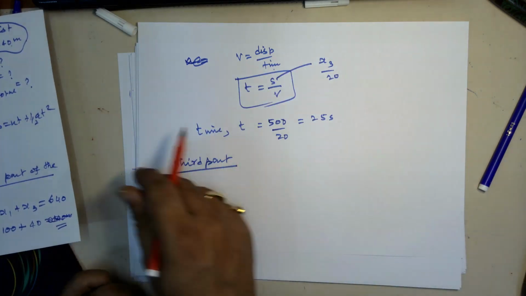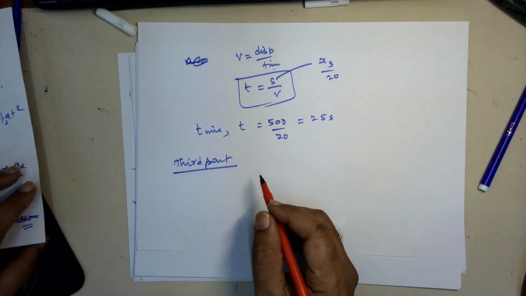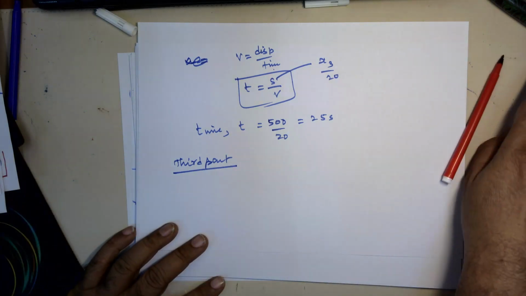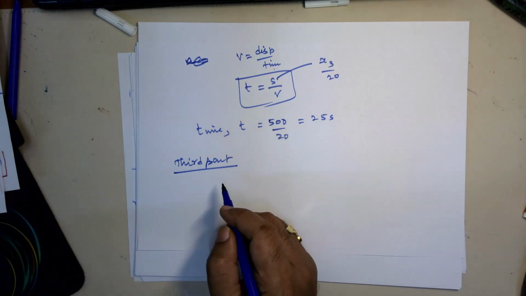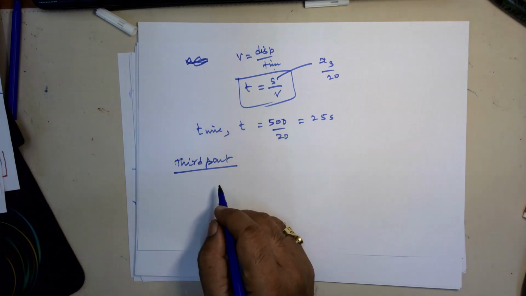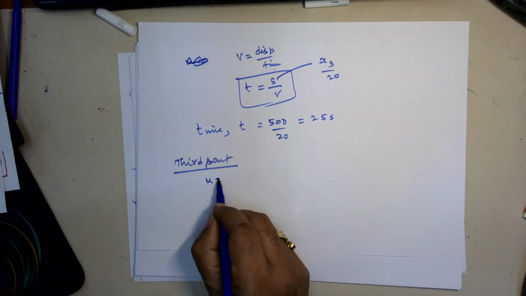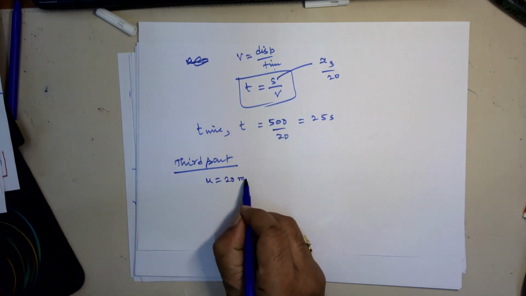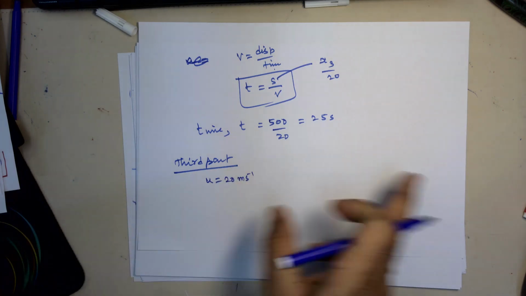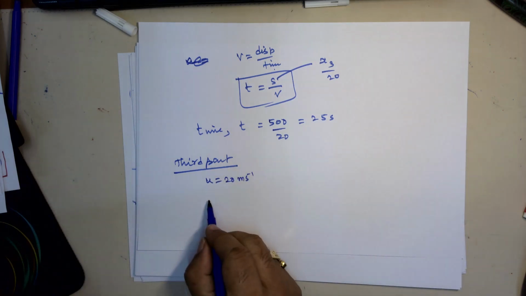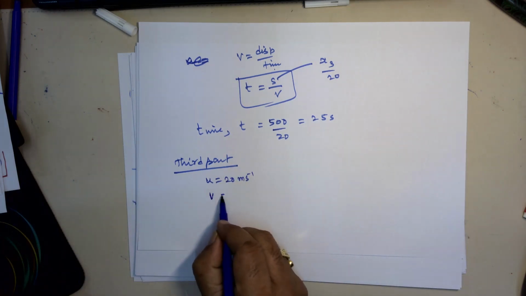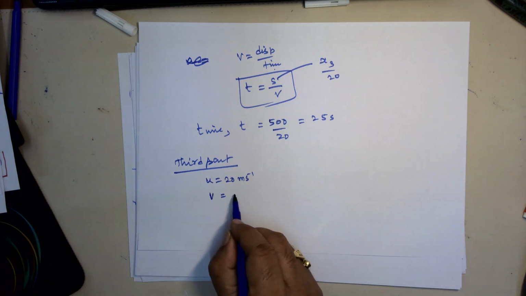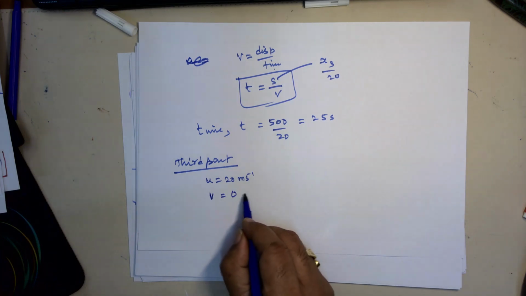So let us consider the last part. Here, for the third part of the motion, u is equal to what? 20 meter per second, because that was the running velocity, is it not? And the car was stopped, meaning it was brought to rest. When it is brought to rest, v is equal to 0 m/s.